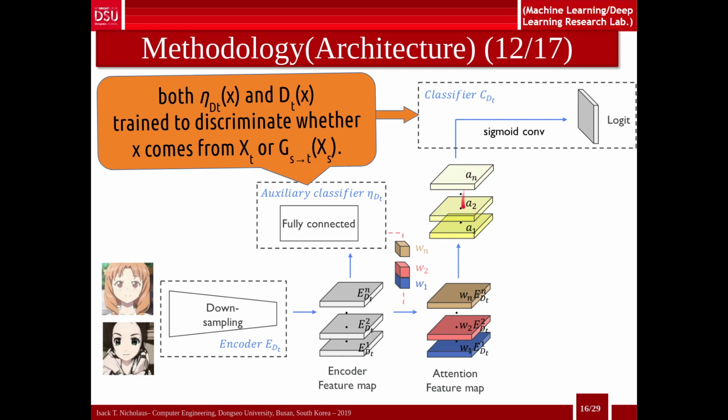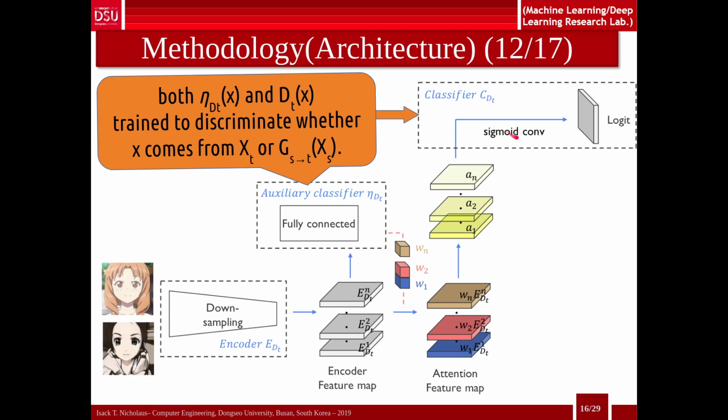By doing that, it is a great help to our classifier here, because now the classifier will have to put in just a little more effort in order to decide whether this comes from the target or from the generator.